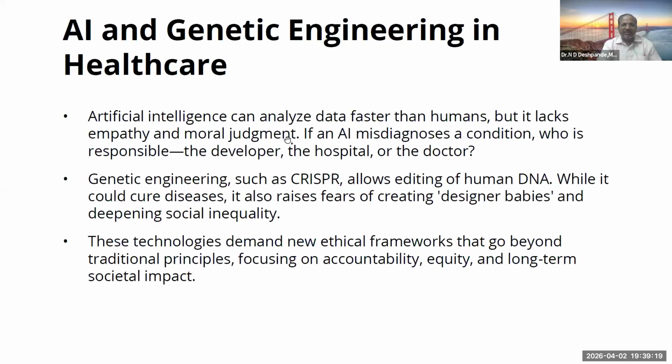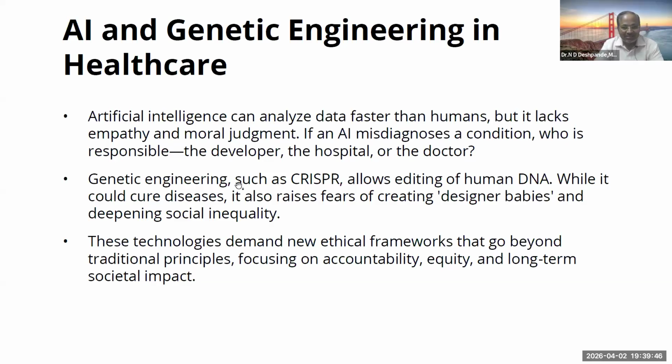So it doesn't have feelings. So there, it assumes that every judgment is crucial for the patient as much as it is for the family. So if AI misdiagnoses a condition, who is responsible? Whether the developer of the AI himself, or the hospital staff, or the doctor becomes accountable. So these are the questions which arise between moral and ethical standards.